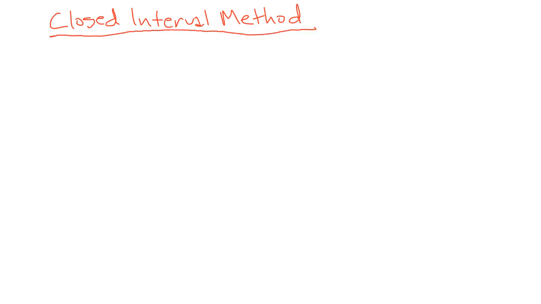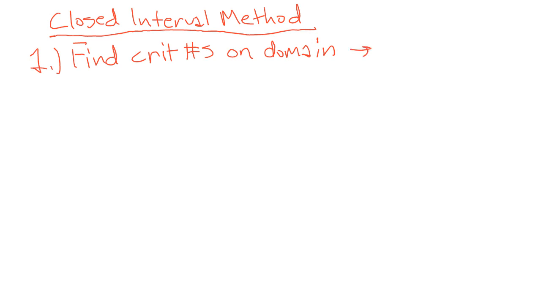So essentially, what our closed interval method says is that first we need to find critical numbers on our domain, whatever that may be given the interval, and plug those into our initial function.